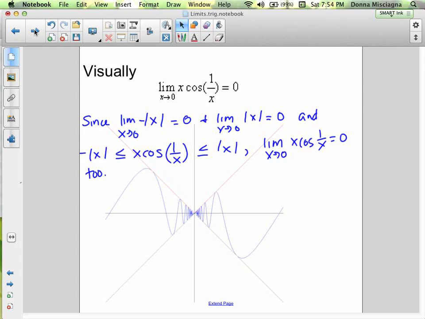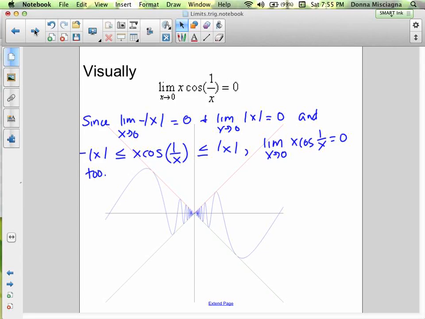And x times cosine 1 over x is greater than or equal to negative absolute value of x and less than or equal to the absolute value of x. The limit of x cosine 1 over x as x approaches 0 is equal to 0, too. And here it is visually.